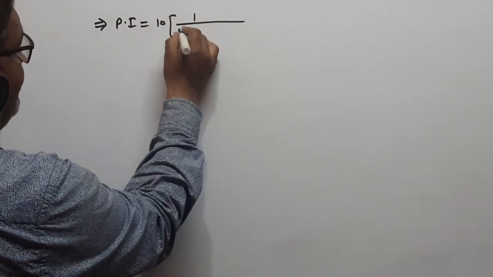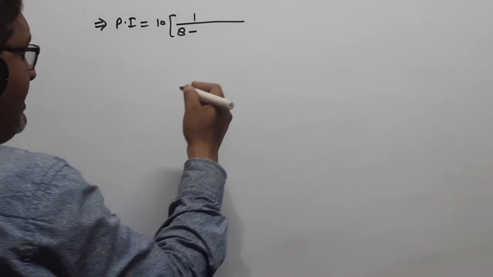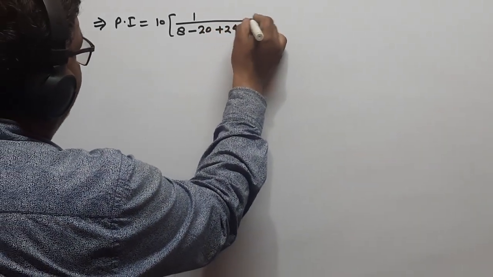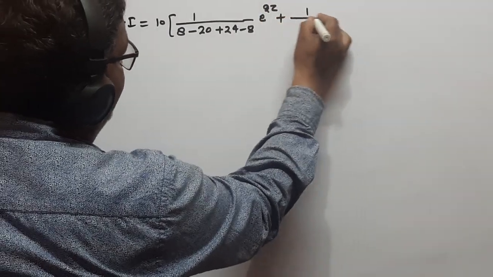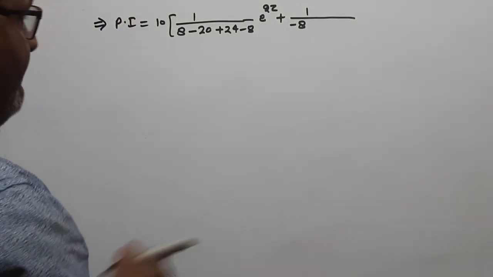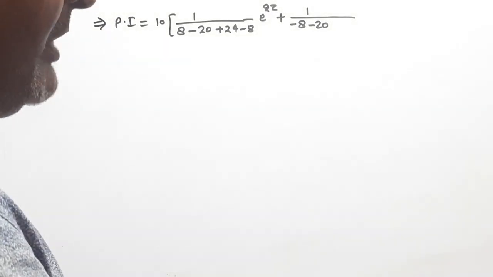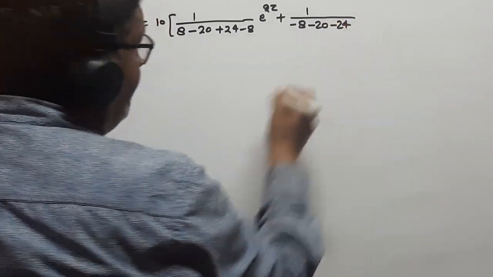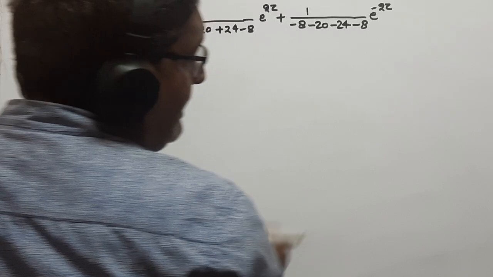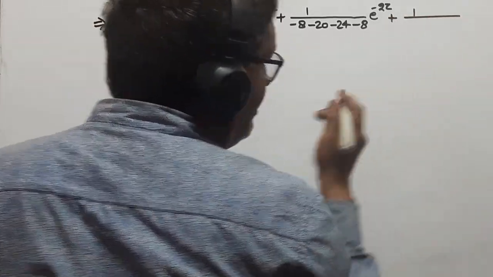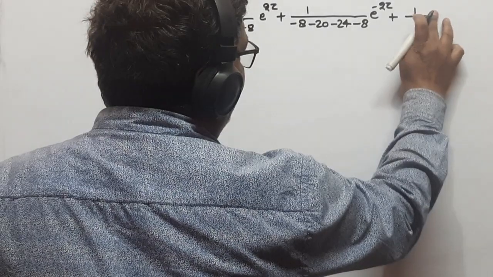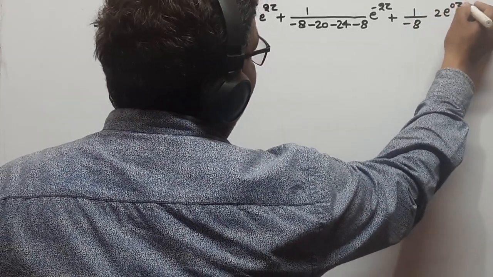Here you can write 2 cubed, this is 8, minus 2 squared, this is 4, 4 times 5 is 20, plus 12 times 2 is 24, minus 8, times e to the power 2z, plus 1 upon minus 2 cubed, this is minus 8, and minus 2 squared, this is 4 multiplied by 5, this is 20, and minus 2 multiplied by 12, we get minus 24, and minus 8, times e to the power minus 2z, and 1 upon 0 cubed, this is 0, and 0 squared is 0 multiplied by 5 is 0, 12 multiplied by 0 is 0, so we get here minus 8 times e to the power 0z.